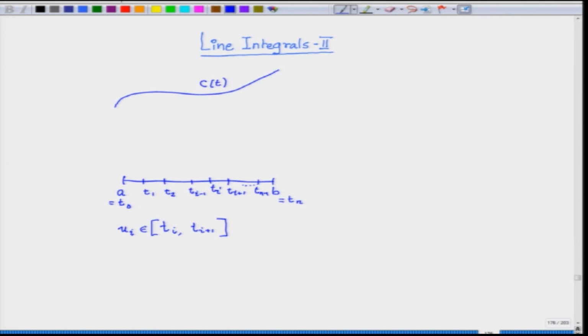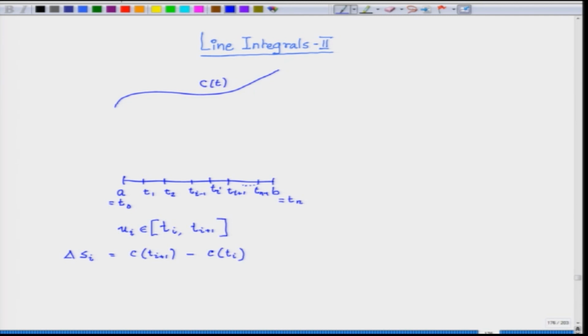So, the Riemann sum that you would create in this case, your delta Si, the change of the arc length as you move from ti to ti plus 1, is C(ti plus 1) minus C(ti).